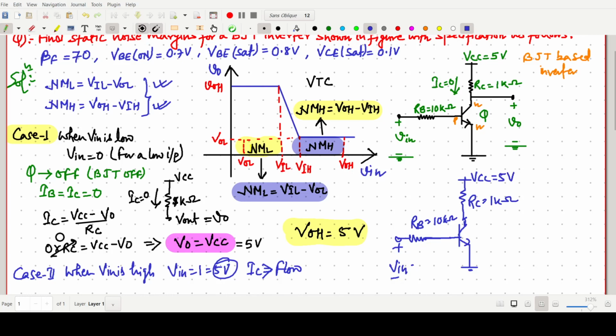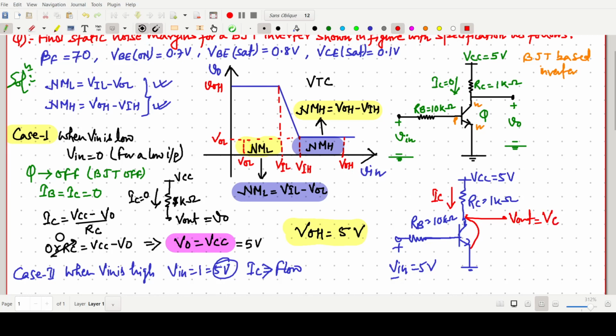So when we are giving a high voltage, say 5 volt, there must be some current, and some current will flow. In this case, the saturation current comes into picture.